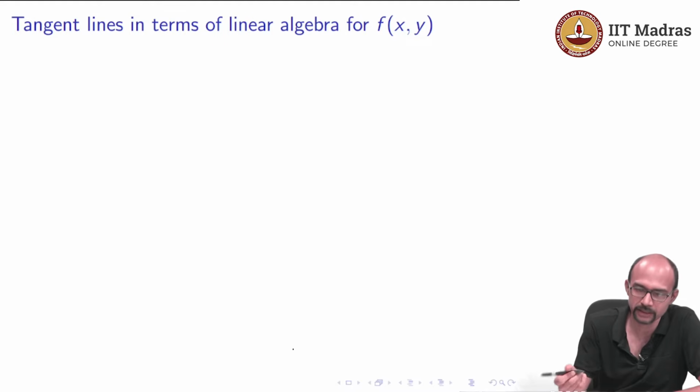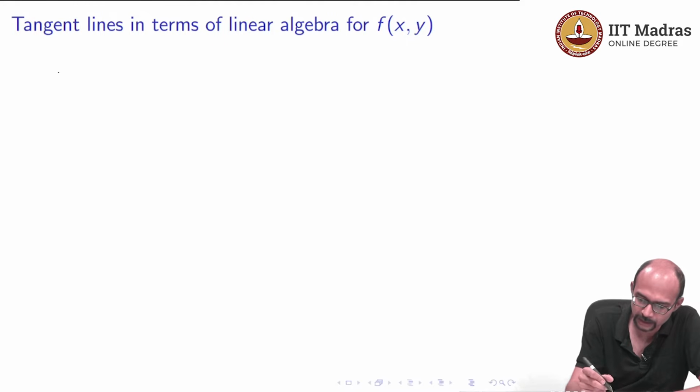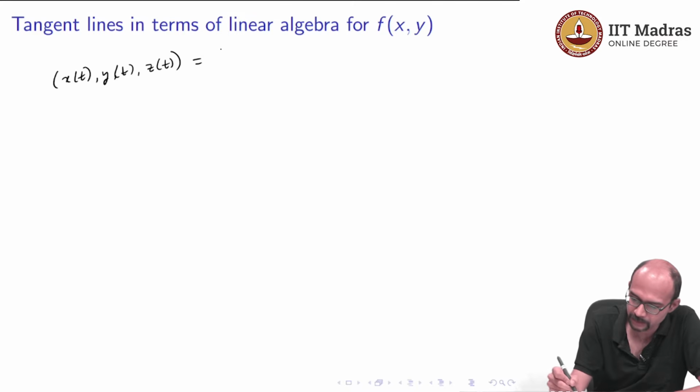This is an idea that we saw in the previous video as well. So, in terms of affine flats, (x(t), y(t), z(t)) is (a, b, f(a, b)).